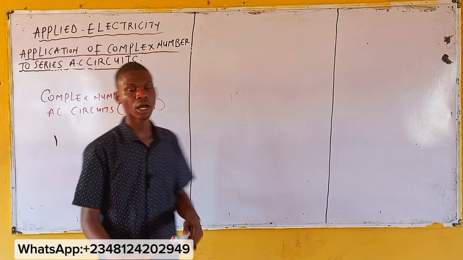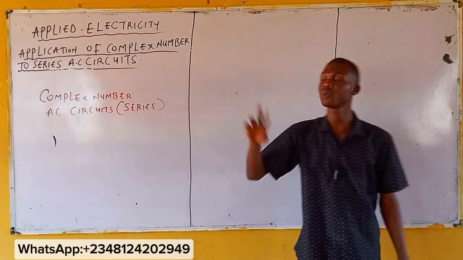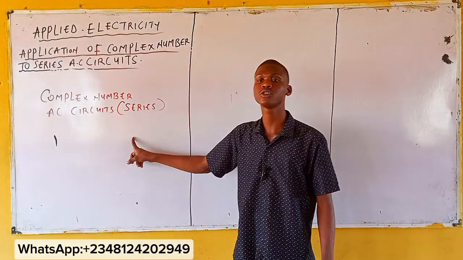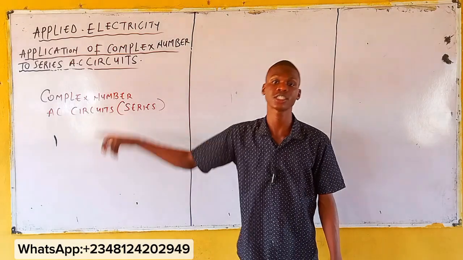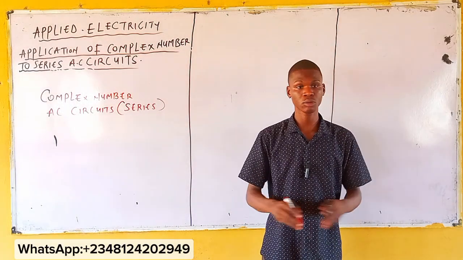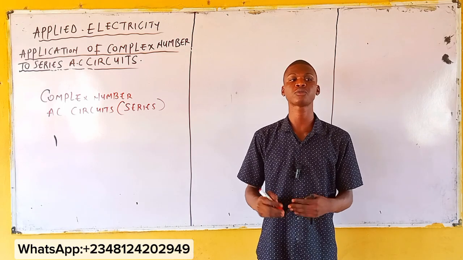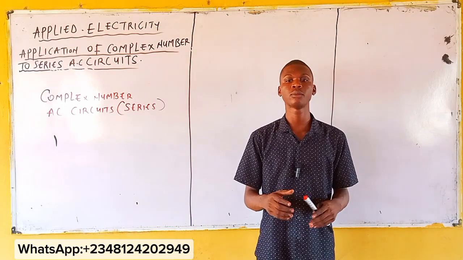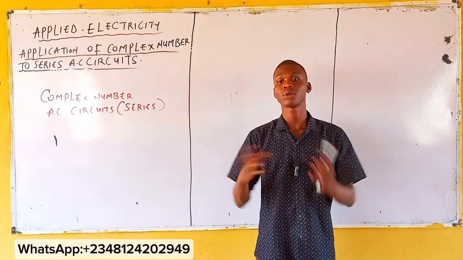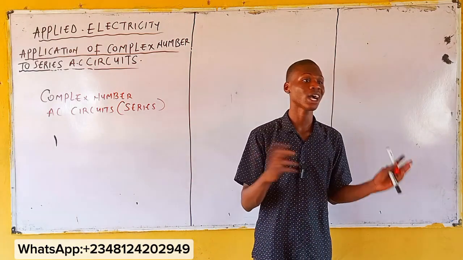Now, the whole idea of this is that you'll be implementing what you've learned before. The first one is complex number, and the second one is series AC circuit. Now, from here, we will be using complex number a lot, and the aspects of complex number that I'll be using are the Argand diagram, the rectangular form of complex number, and the polar form of complex number.